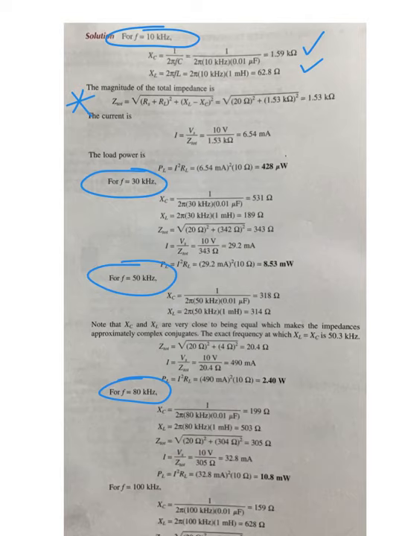You could have taken it as the resistance at 0 plus the resistance at 0 plus the inductor at angle 90 plus the capacitor at angle minus 90. You would have come up with this.